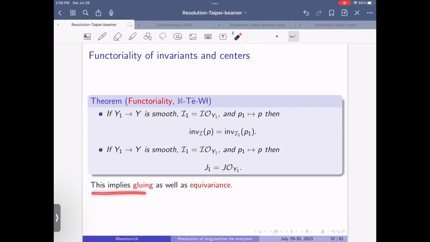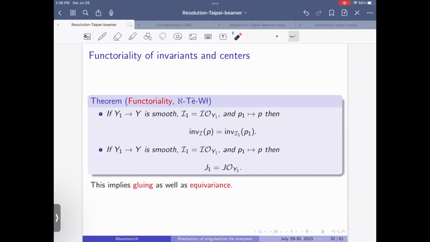And next time we'll see that this implies both gluing and equivariance, so we can glue things together. And we can show that the result is equivariant under group actions. So functoriality is a very good property.